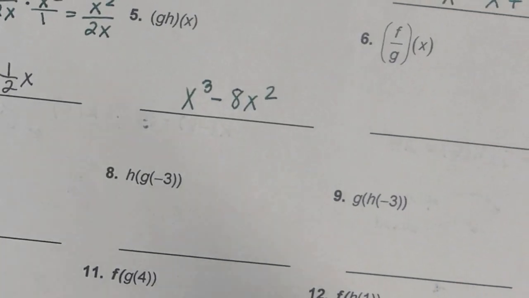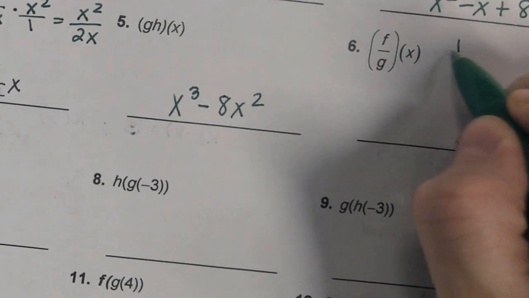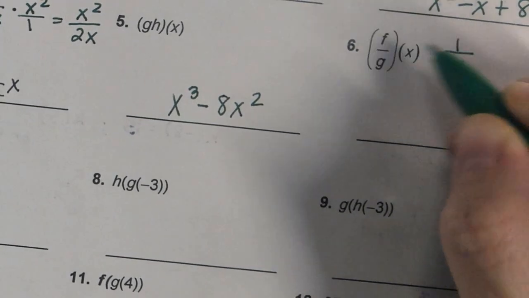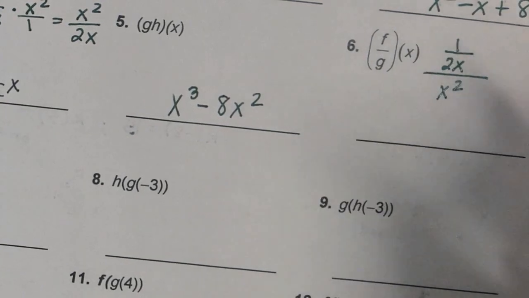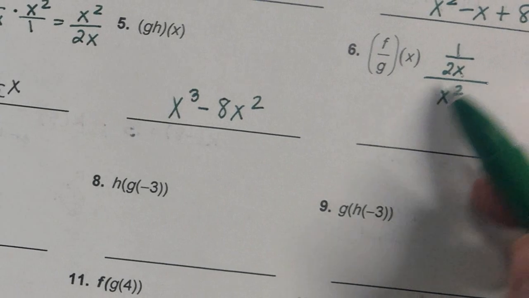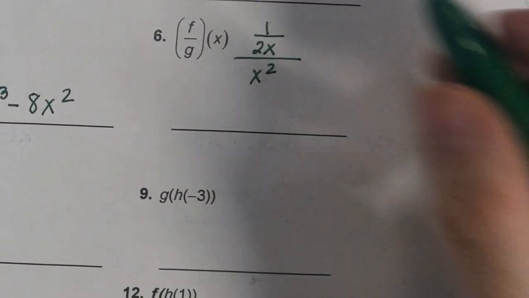All right, and then number 6 is f divided by g. So you have 1 over 2x, and then divided by x squared. Now, when we see it like this, we know that this is not simplified correctly. It's a fraction within a fraction.